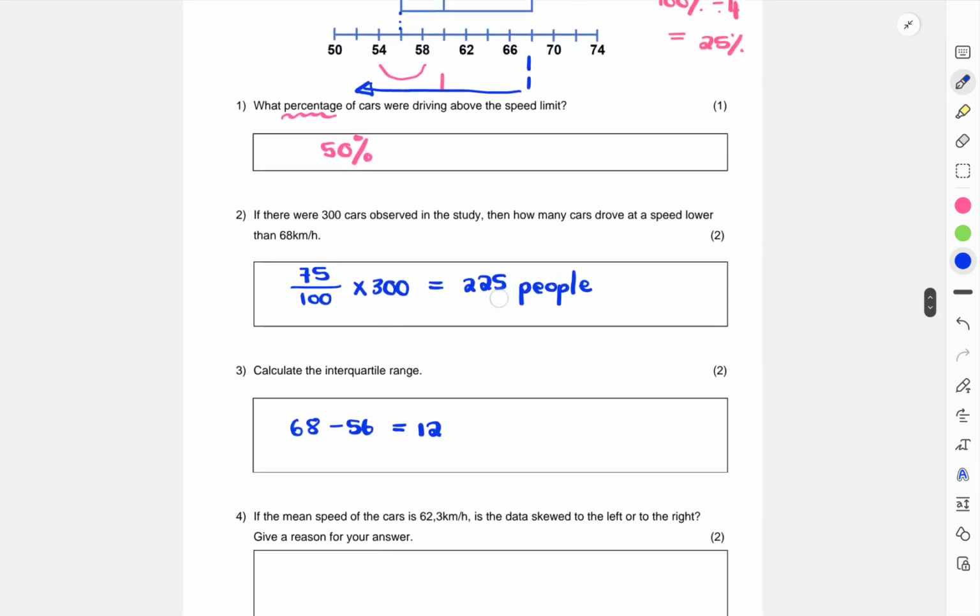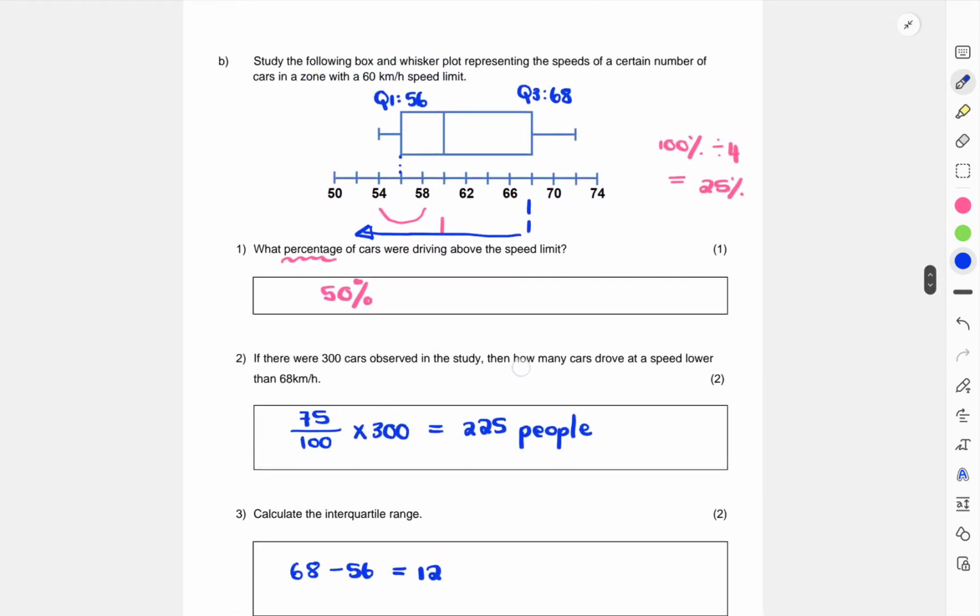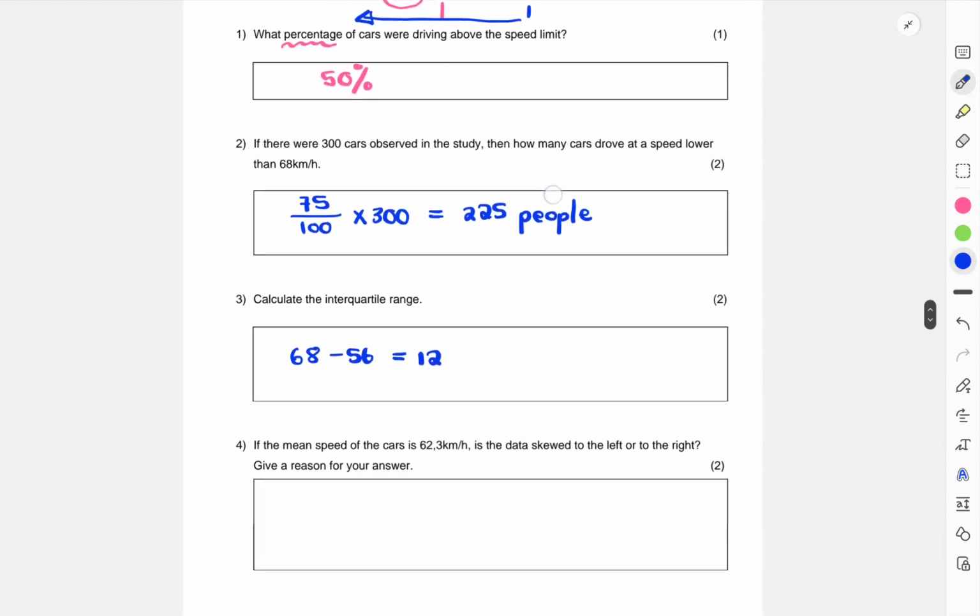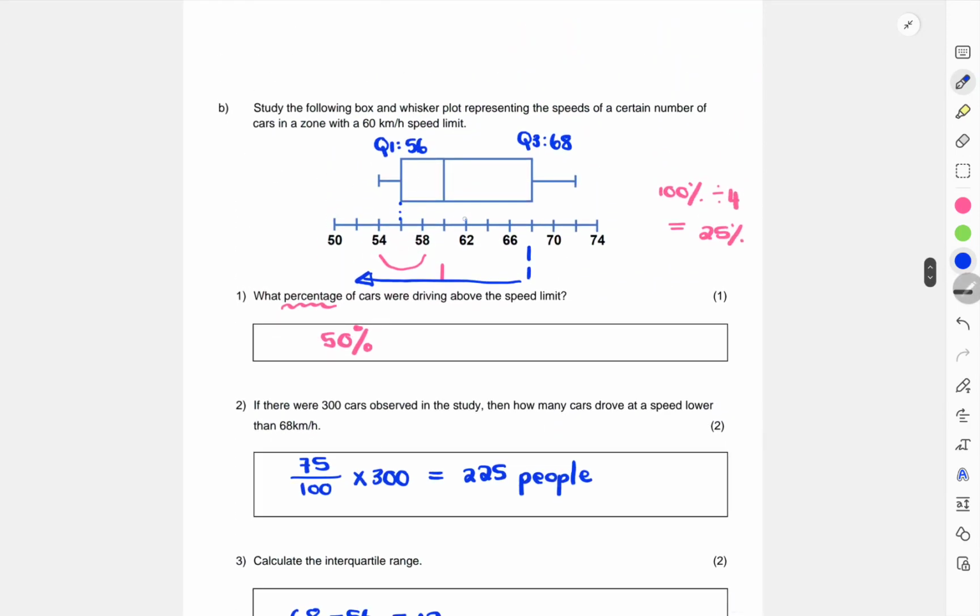So the mean speed of cars is 62.3, so roughly over here somewhere. That is your mean. Can you see that your median is smaller than your mean?